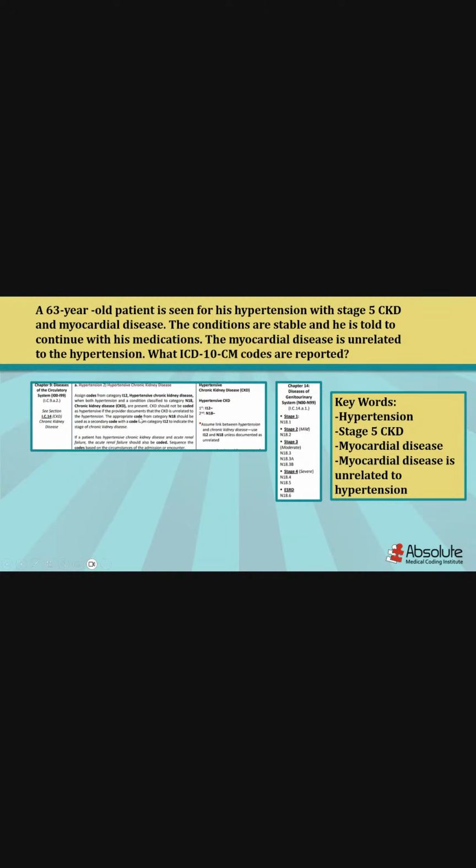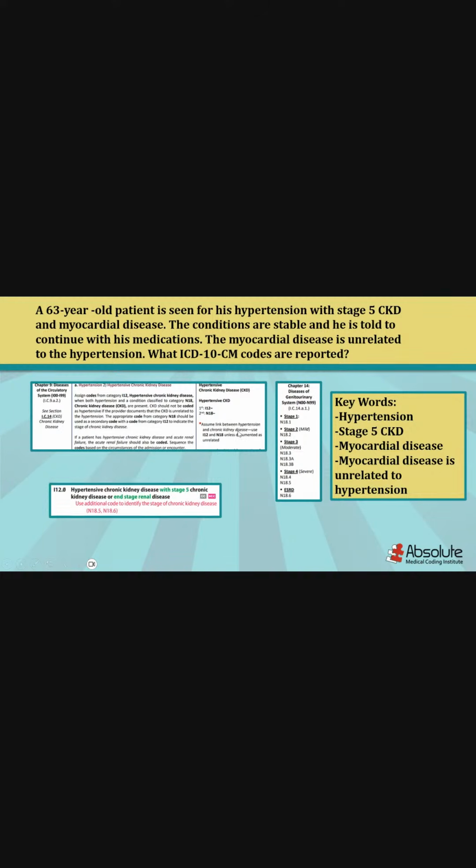So that's the other guideline we were going to be using. If you look at IC14A1, I think you can find it in the circulatory system guidelines as well, but it gives you a nice organized list of the codes for stage 1, stage 2, stage 3, stage 4, and the ESRD as far as chronic kidney disease goes.